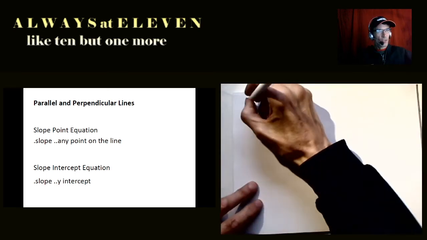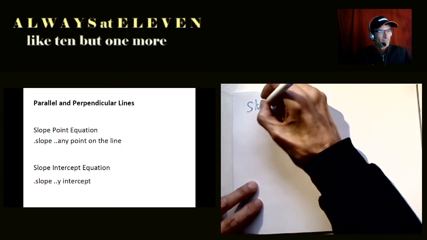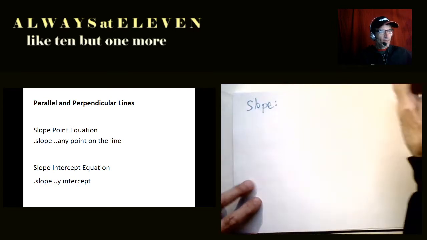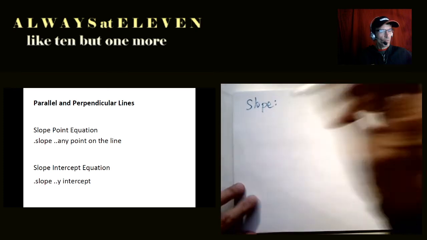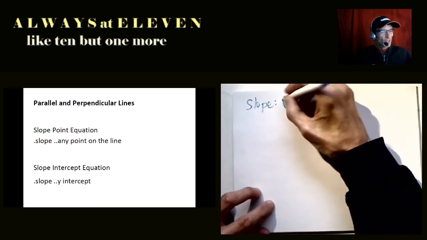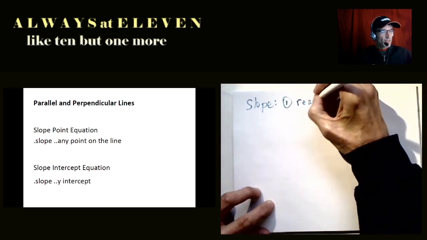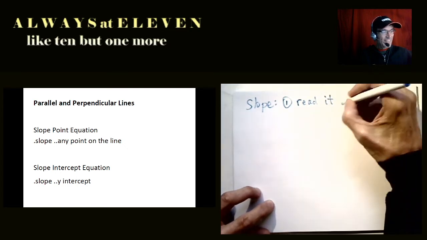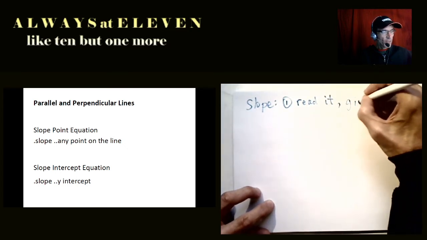Now, to get the slope, it kind of depends on the question. But what you might be able to do is just simply read it, get it from the given equation.